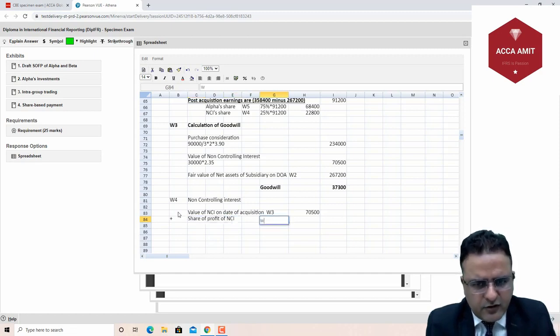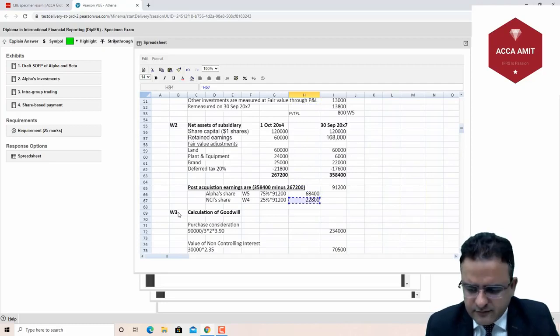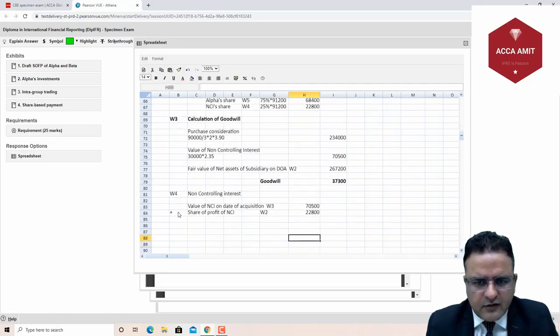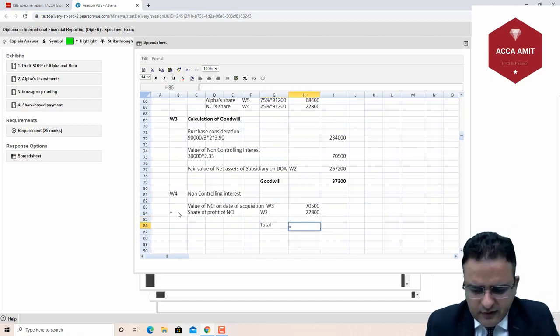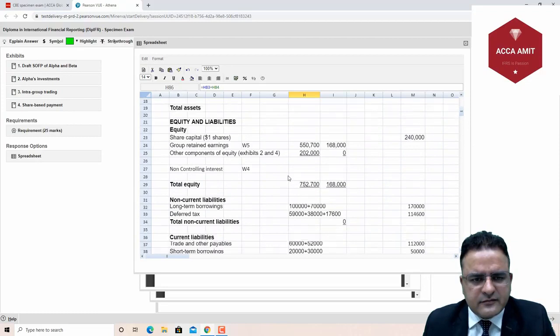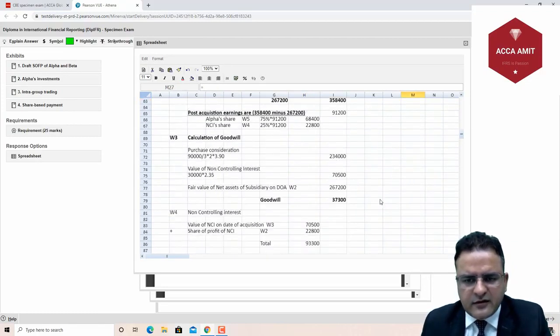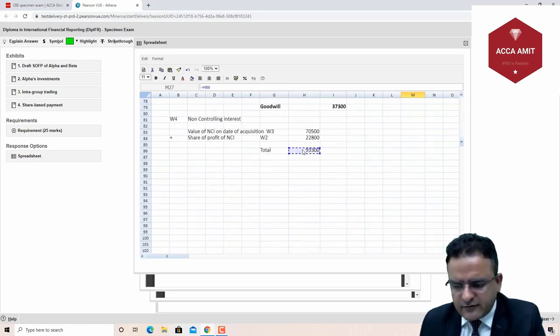This is presented in working note number 2, that is 20,800. So total amount to be included in NCI's valuation is equivalent to 70,500 plus 22,800. 93,300 is the value of NCI. So valuation of NCI included is 93,300.